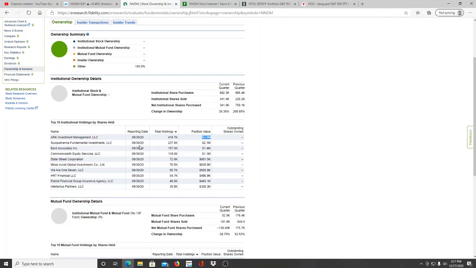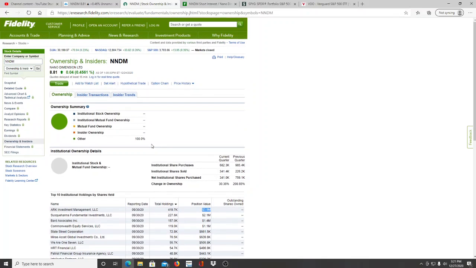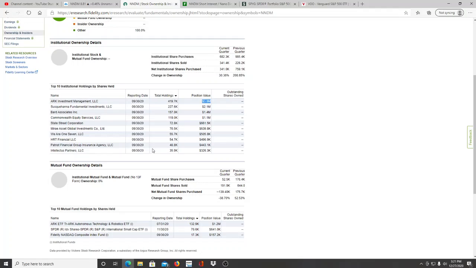I found that interesting. This is still not updated, but I was so glad I came across this. You can see some other ones here that have their positions there, but it's very interesting to me that they went ahead and added 10 times the amount so far since September 30th.